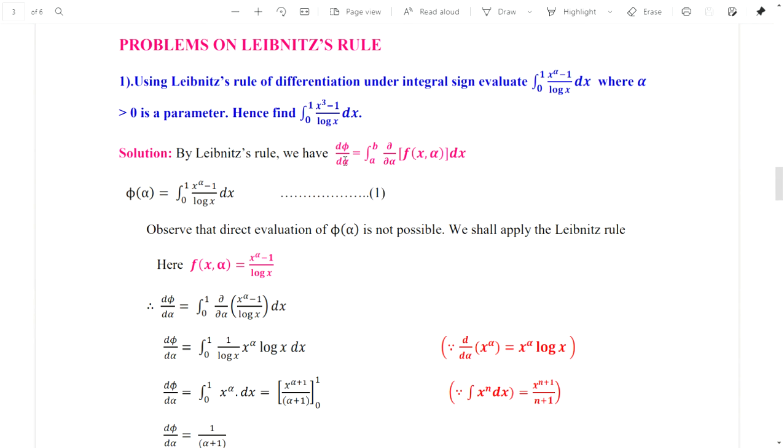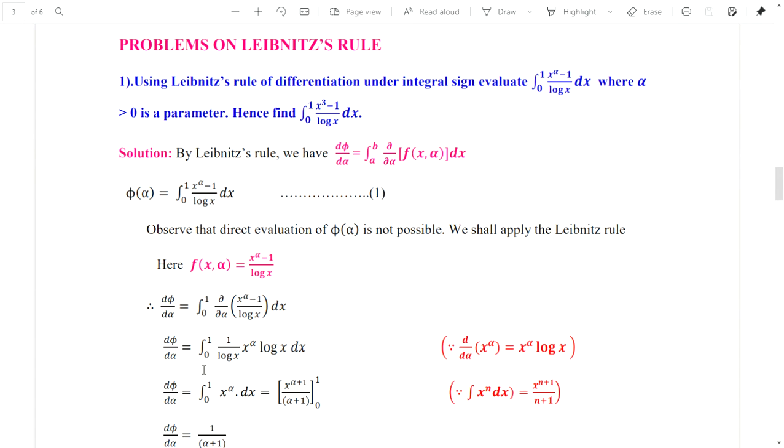The Leibniz rule says that d phi by d alpha is equal to integral of a to b dou by dou alpha of f of x comma alpha; that means for this integrand we have to do the partial differentiation. So d phi by d alpha is equal to integral of 0 to 1 dou by dou alpha of x to the power alpha minus 1 by log x into dx.